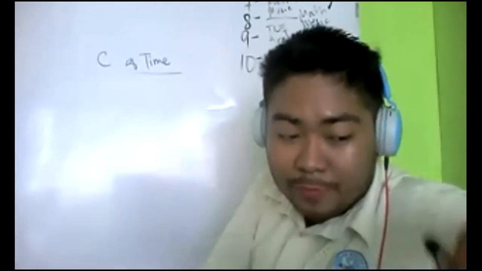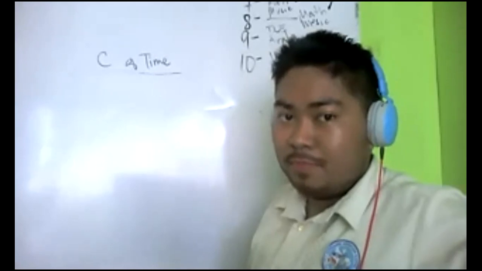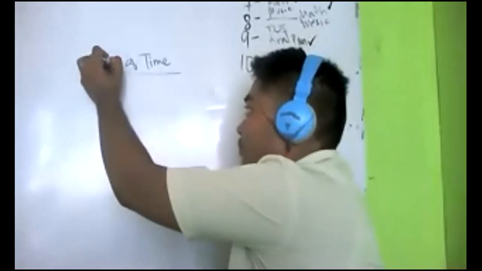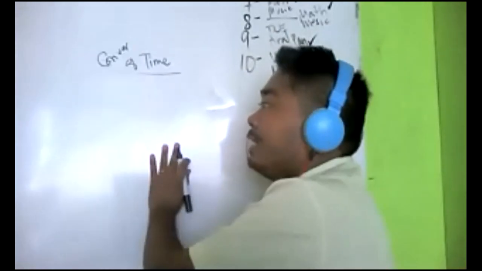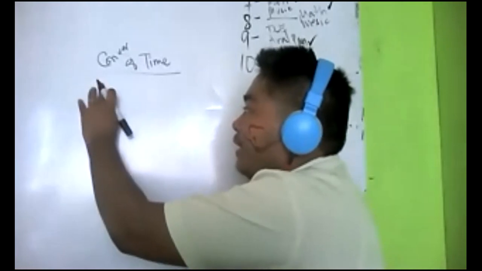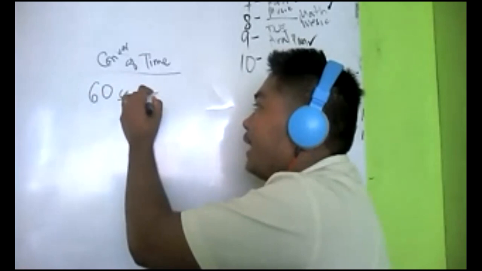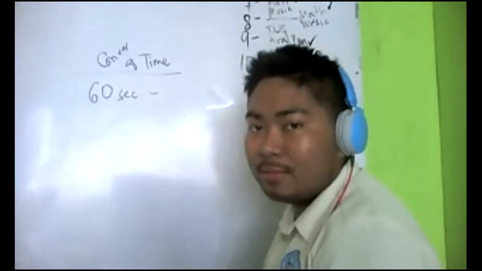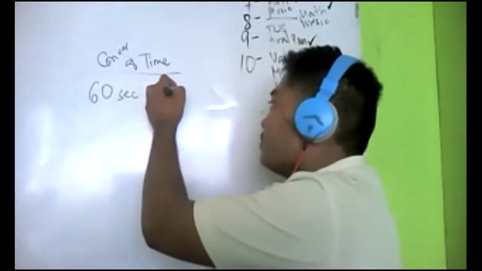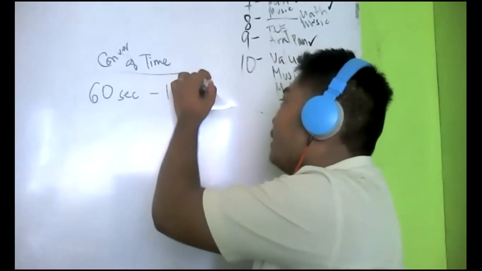We're going to deal with conversions of time. What is the smallest unit of time? That is second. There are 60 seconds in how many minutes? 1 minute.